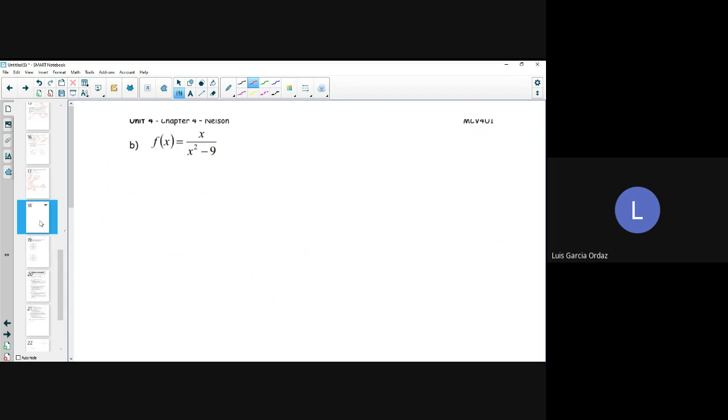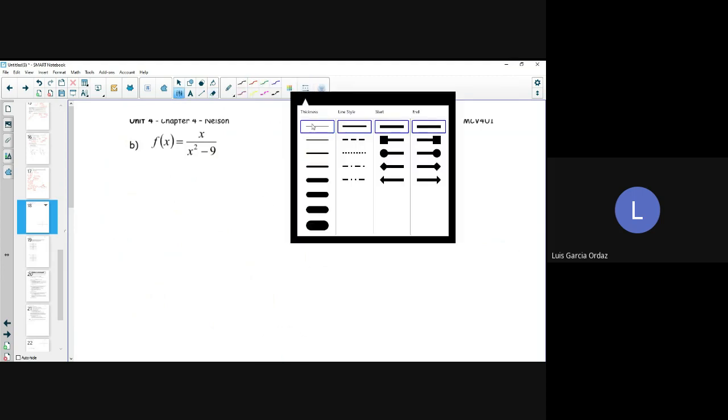So my next one is I want to sketch the graph f of x is equal to x over x squared minus 9. So I have my vertical asymptotes. Again, that has to do with my denominators.